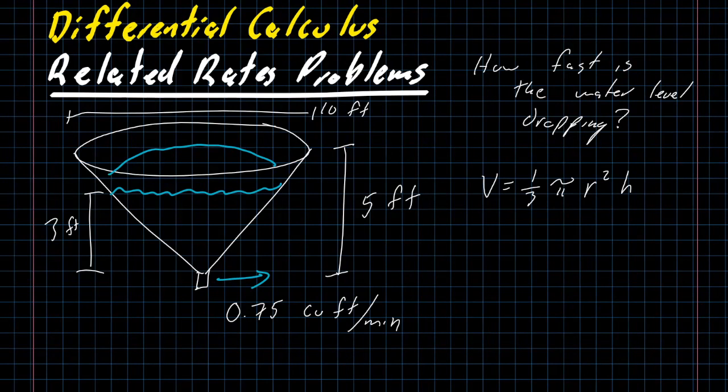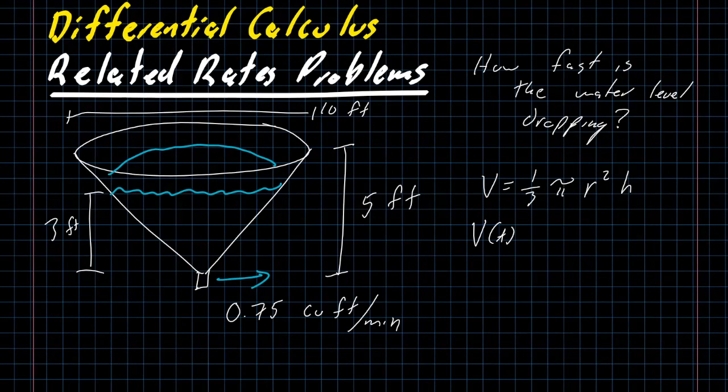I could use that to calculate how much volume is in the entire cone, but that's not what I want. I want to be thinking about what is happening to the water level, or whatever is in this cone. So the volume is constantly changing.